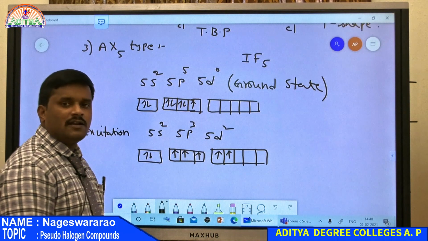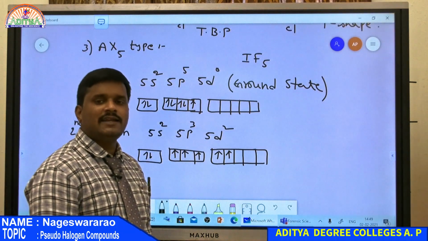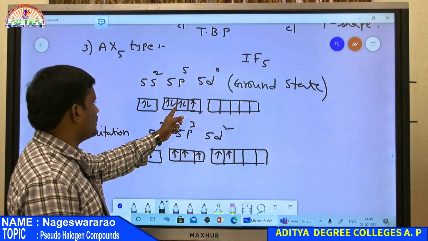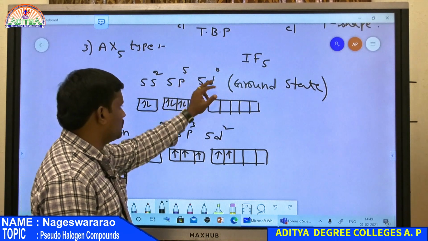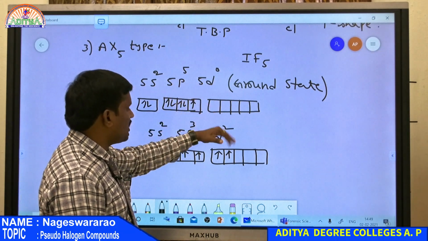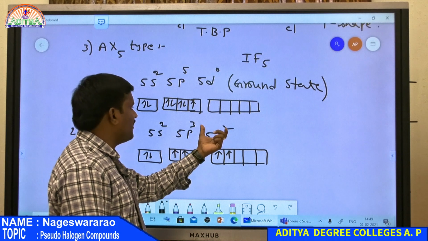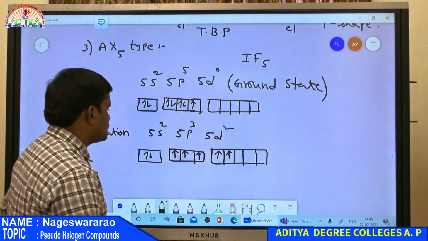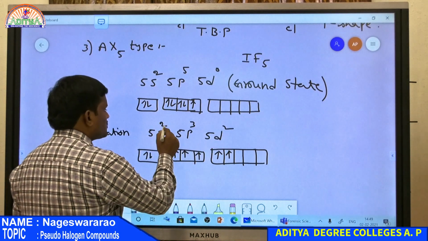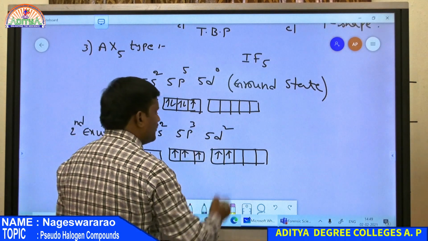So this is the electronic configuration of iodine at the second excited state. Here 2 electrons from the 5p orbital are excited to higher energy, since 5d always has higher energy compared to 5p. So it becomes 5s2, 5p3 and 5d2.